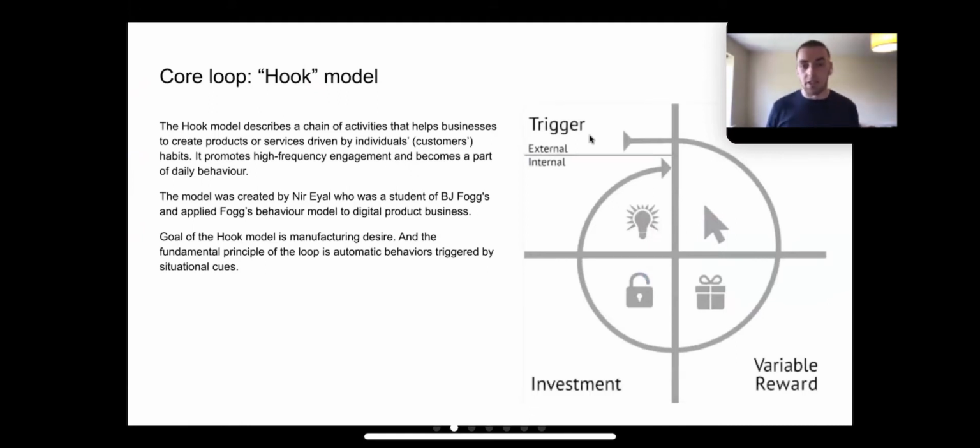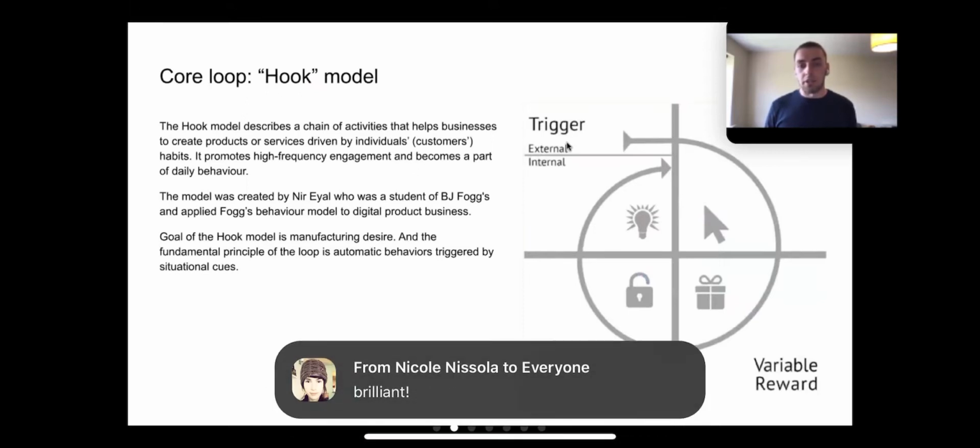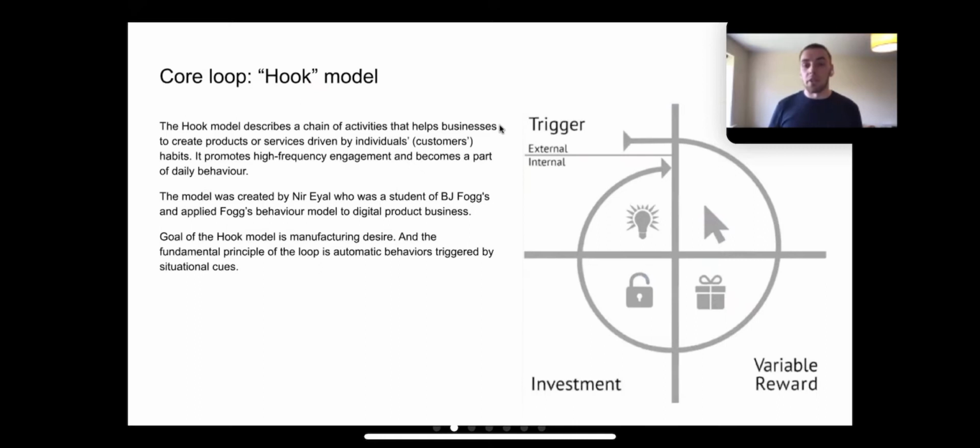So as you can see, there is our trigger. Before the loop, it's an external trigger, because we tell our individual that such a service exists, and it can solve his problem. We can remind him about it.